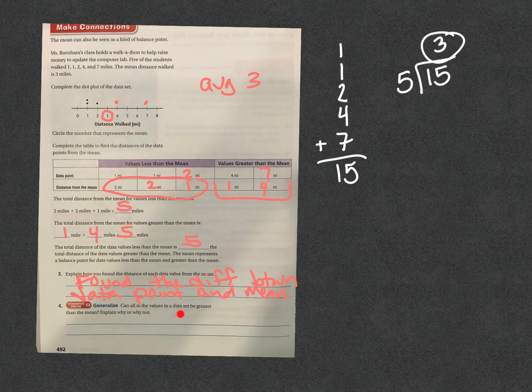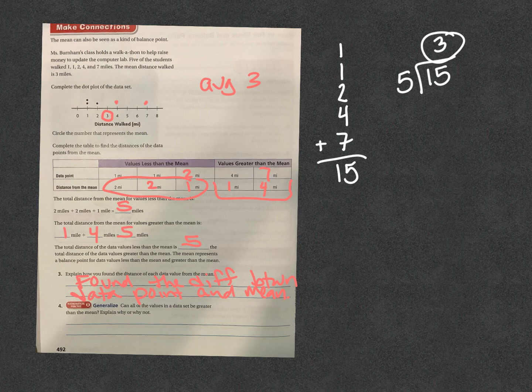Can all of the values in a data set be greater than the mean? Would we ever have the mean, that number that's supposed to be representing that middle part that has everything balanced, one on one end, one on the other, be smaller than all of the data values?